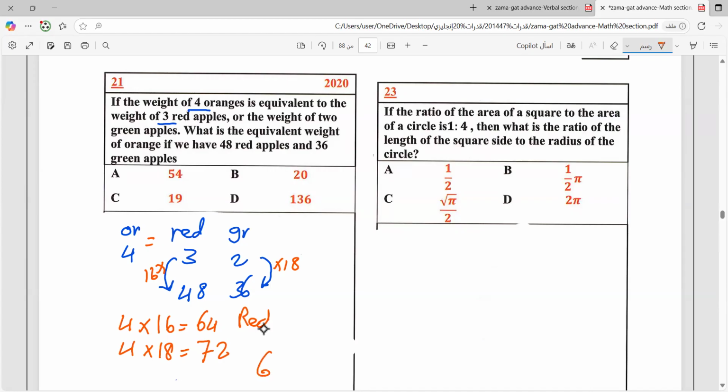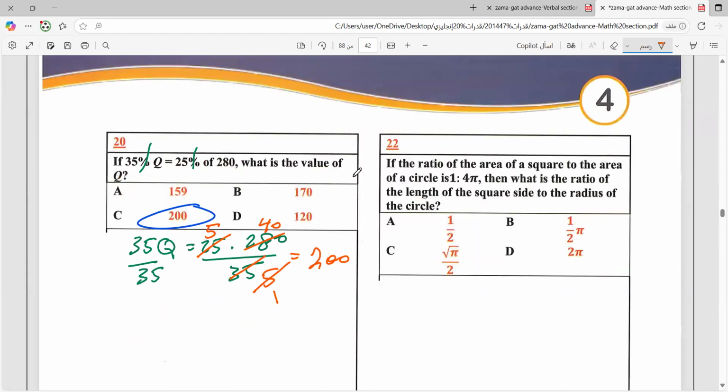The answer is 136. Okay. Clear? Right. Okay, 22. Continue, Yasmin.